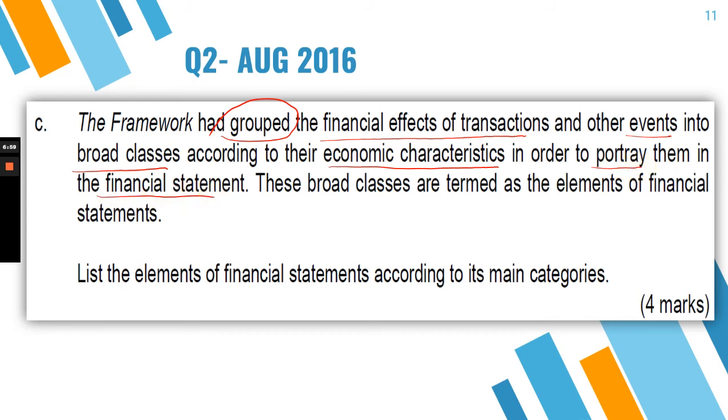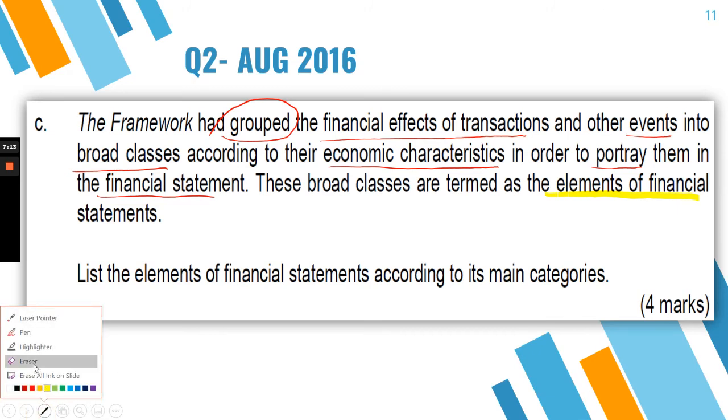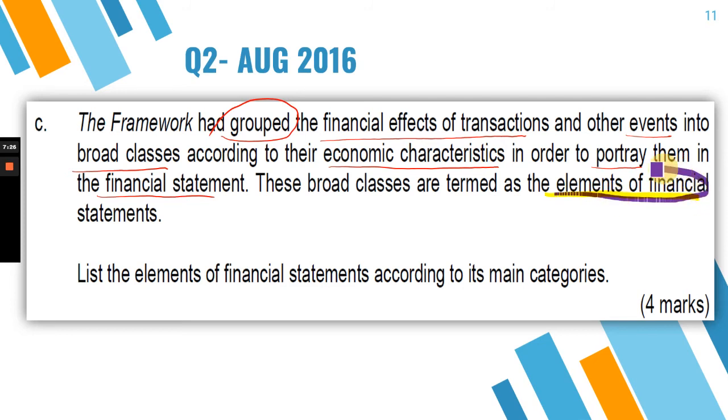And these broad classes are termed the elements of the financial statements. Elements of financial statements, if you can still recall in the lecture, can be divided into two: elements of financial position and elements of financial performance. So it is about the elements of financial statements.